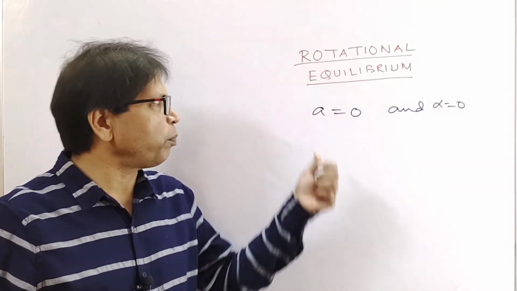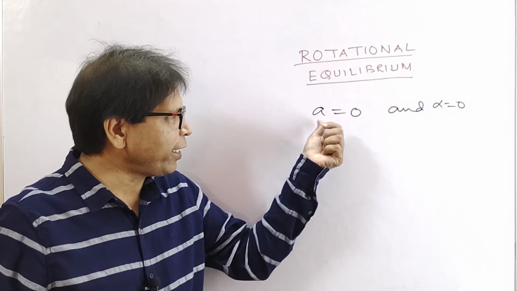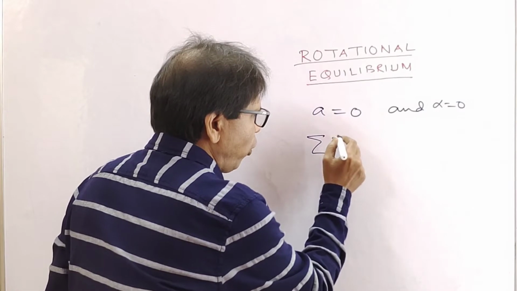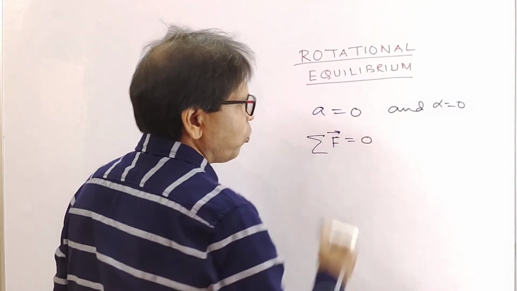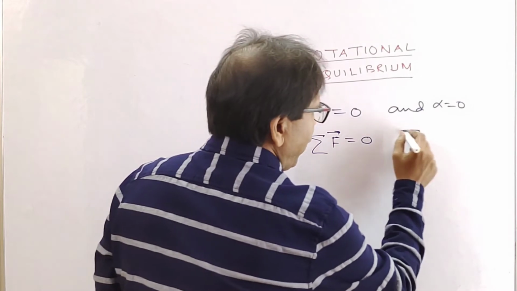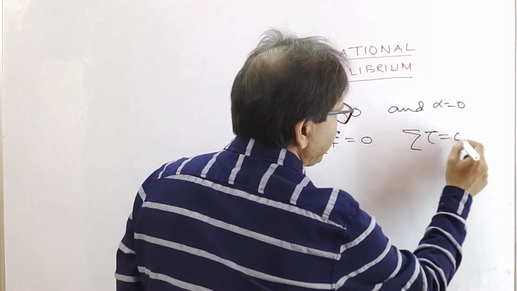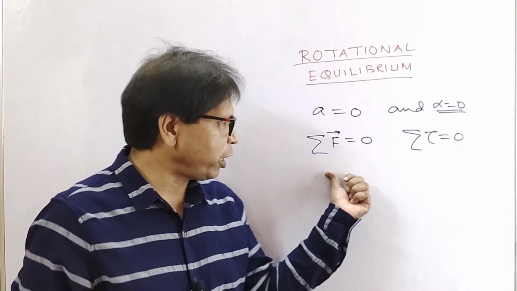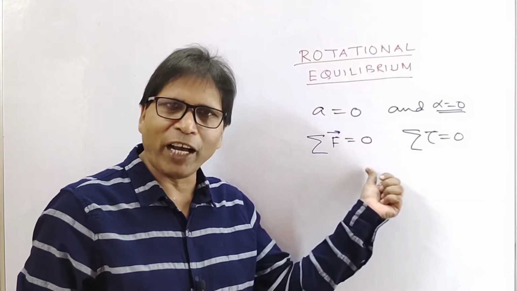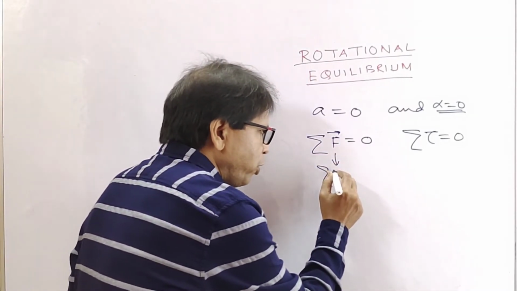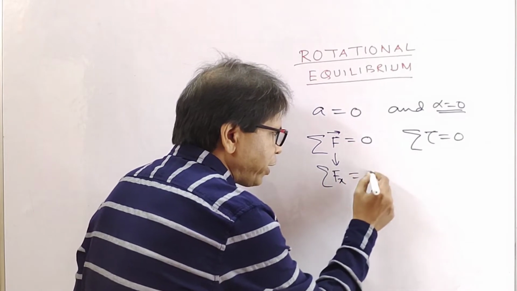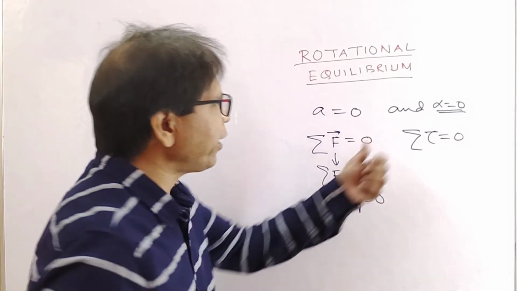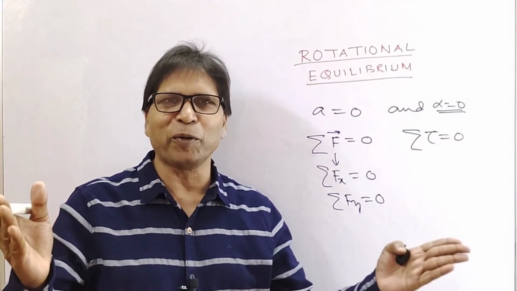Now conditions of rotational equilibrium: as a equal to 0, the vector sum of the forces acting on the body is equal to 0, and the algebraic sum of torque is 0 as angular acceleration is 0. The coplanar forces may be resolved along x and y components. So from this condition we can write sigma Fx equals 0 and sigma Fy equals 0. So these are the conditions of rotational equilibrium.